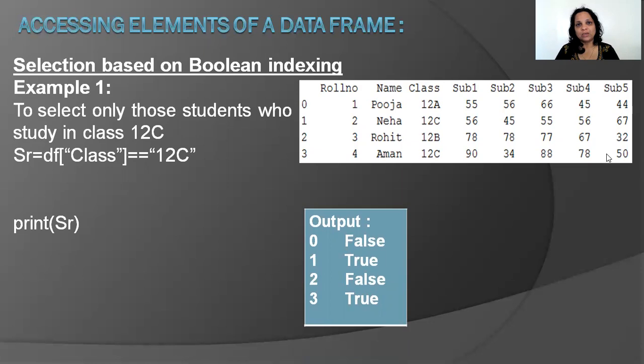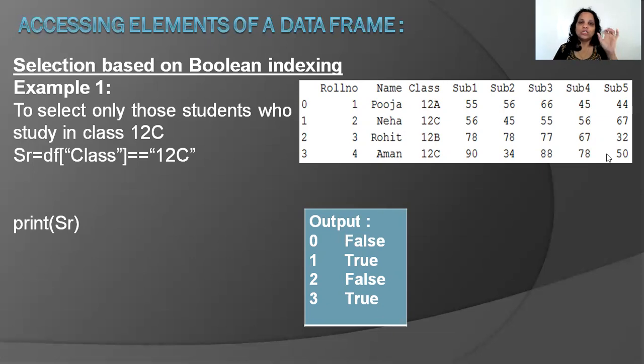It prints the entire data frame, but all the rows that satisfy the condition you have specified, it shows as true, and the rows that do not satisfy the condition, it shows as false. Can you see? Pooja is the first row. She's not in 12C, so it's false. Neha is in 12C, so true. Rohit is not in 12C, so false. Aman is in 12C, so true.